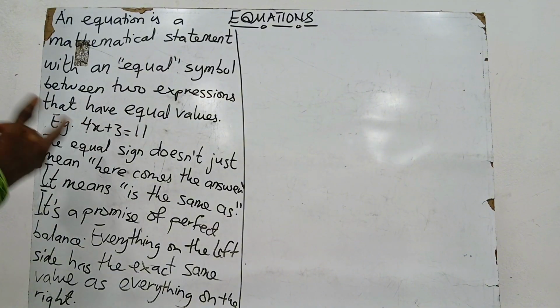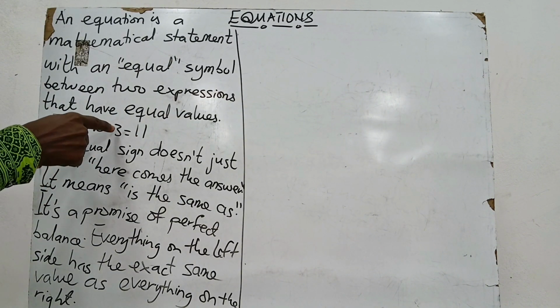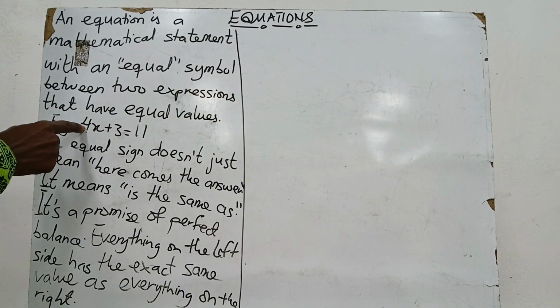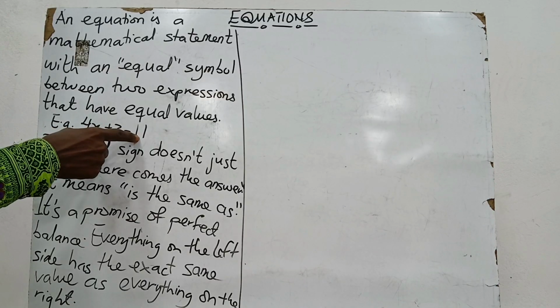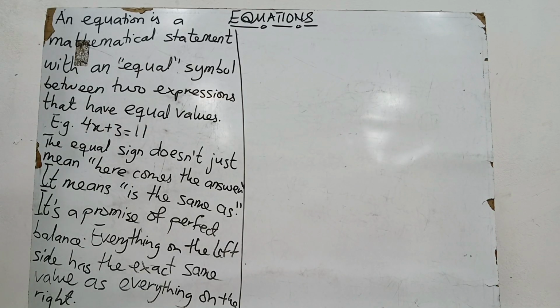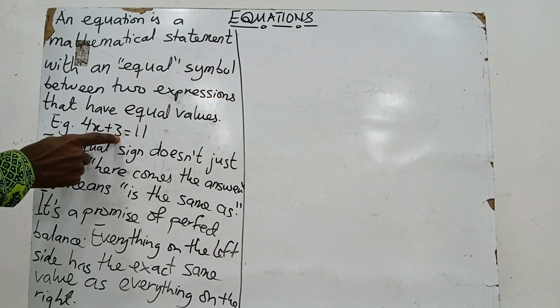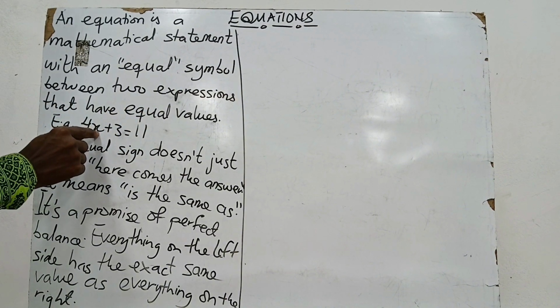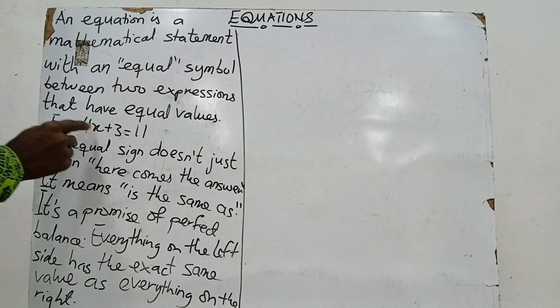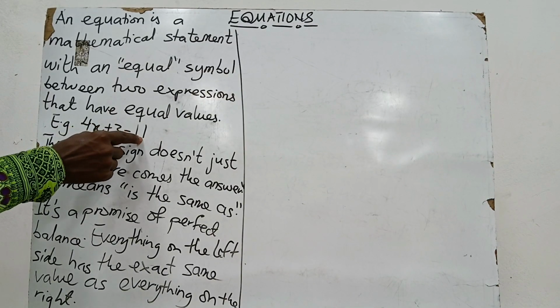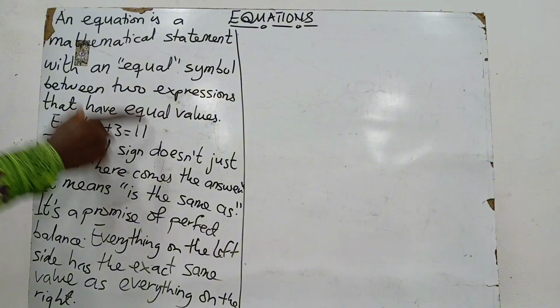When you add 3 to the product of 4 and a number, it will give us what? 11. I take it again. When you add 3 to the product of a number which we don't know and 4, it should give us what? 11. So this is a mathematical statement.